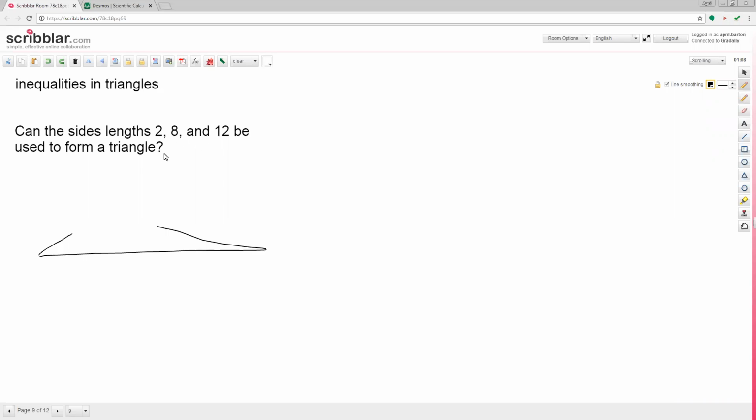So the way to check this is to take the 2 smallest sides and add them together. And this number needs to be bigger than the biggest side, the 3rd side. But in this case, that's not true. 10 is not greater than 12, so these could not make a triangle.